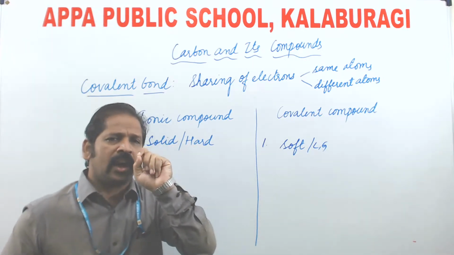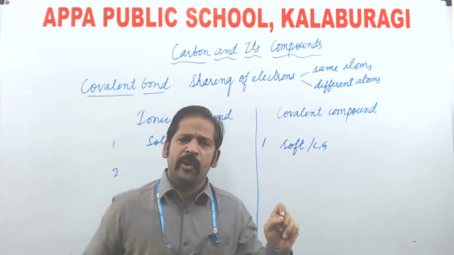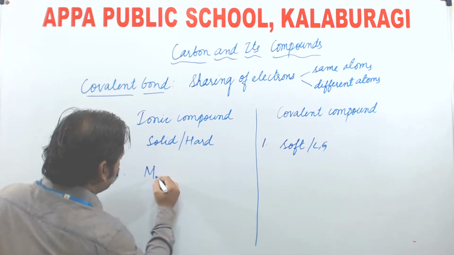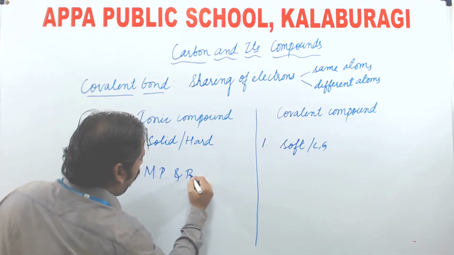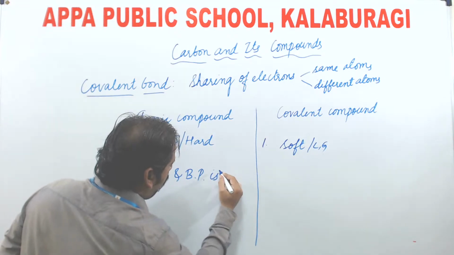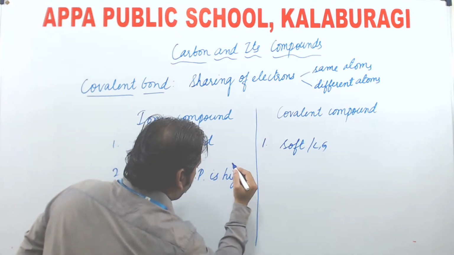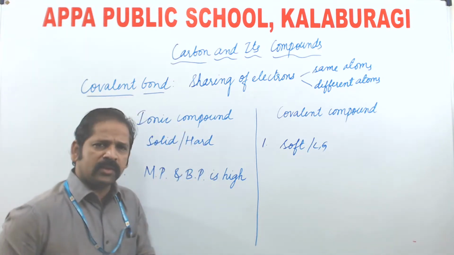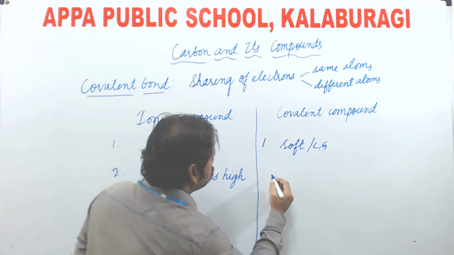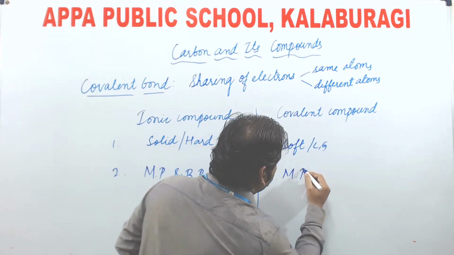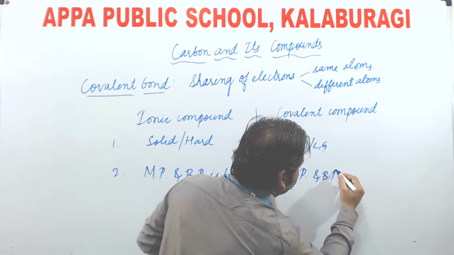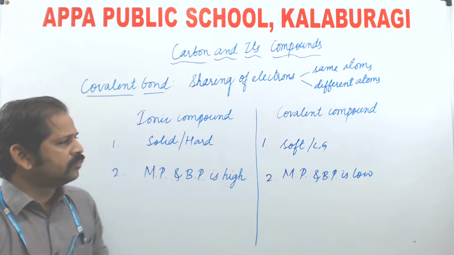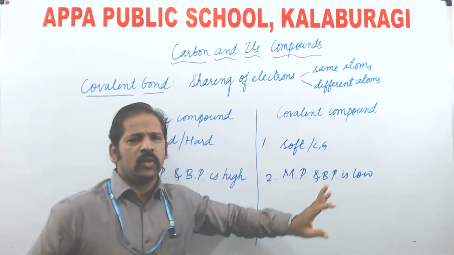If the material is hard, automatically its melting point and boiling point will be high. Melting point and boiling point are high in the ionic compounds. Here, for covalent compounds, melting point and boiling point are low.